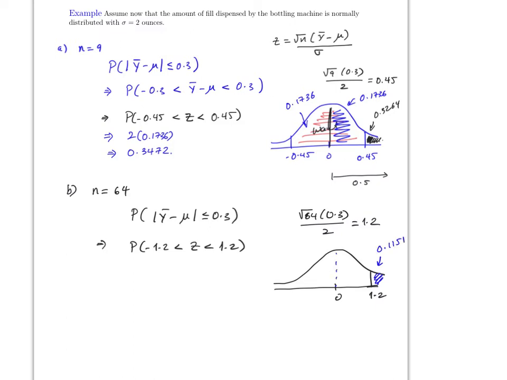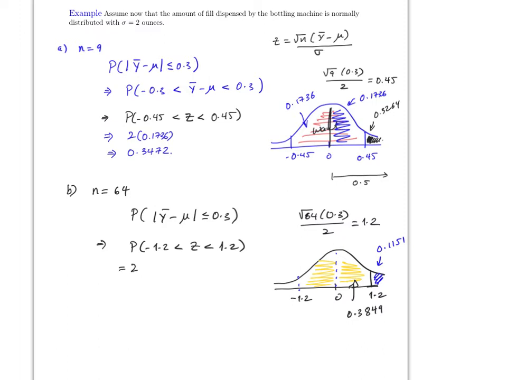0.1151. Remember that what you want is actually this part, between minus 1.2 and 1.2. Just like the previous problem, this plus that has to equal 0.5. So 0.5 minus 0.1151 gives you 0.3849.